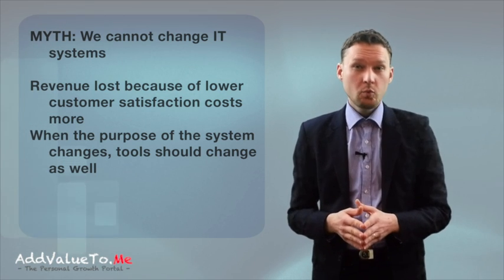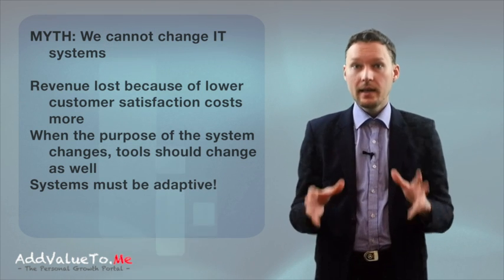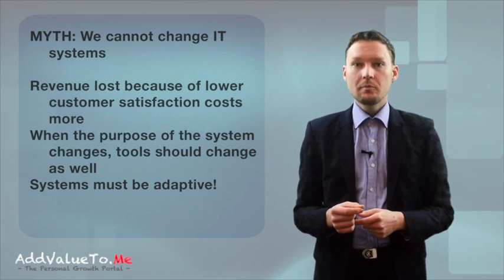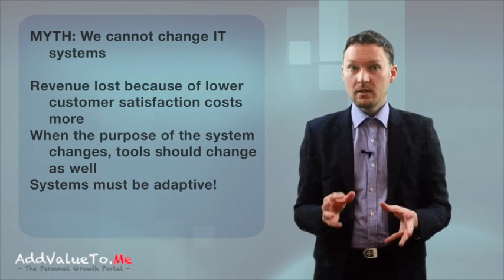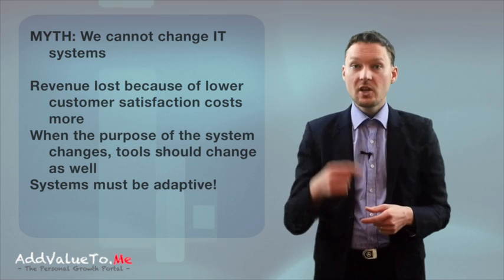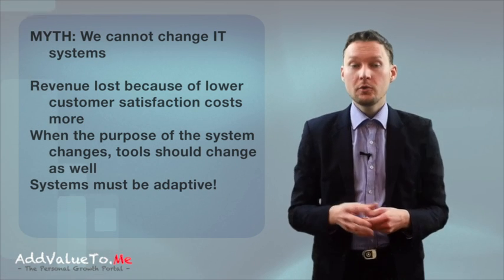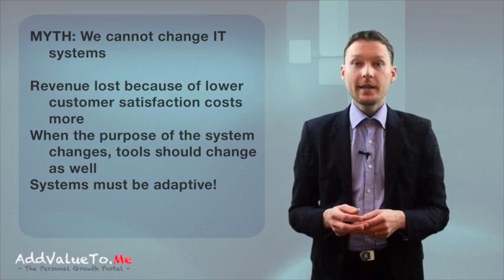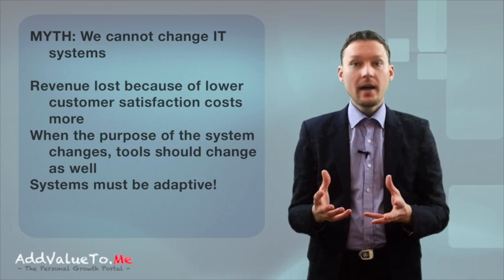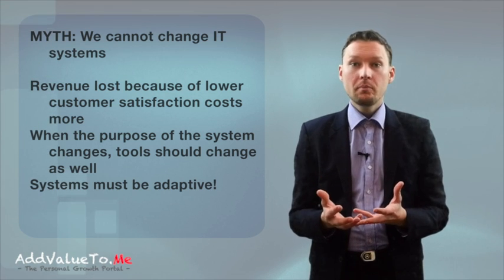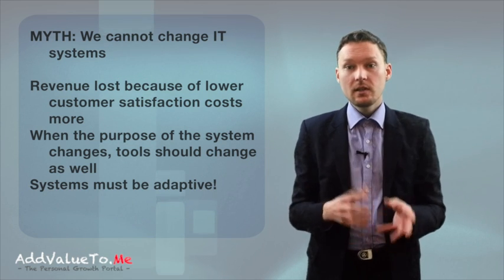We actually designed one IT system a couple of years ago that is 100% completely adaptive. Everything that system does is configurable. So you can change everything that it does in a very short period of time, just by changing the configuration of the system. And of course, if you need new functionality, then you probably need to program it, but you can get a lot of new functionality also just by reconfiguring the existing ones. And you don't need a programmer for that. You need a person who understands how to configure the system and rewire the system into a new purpose.